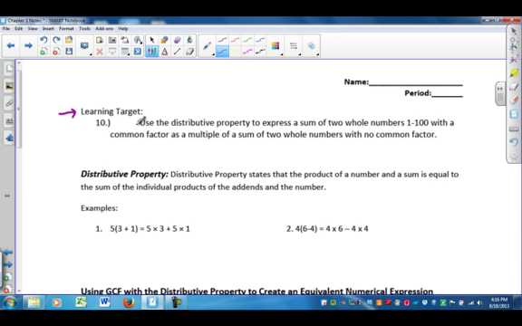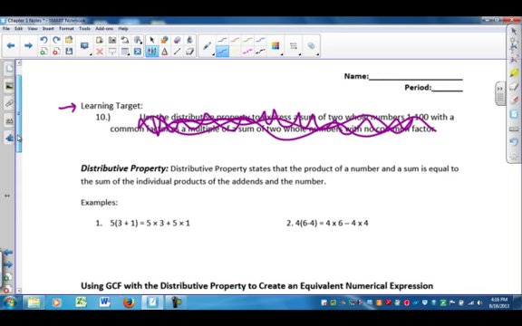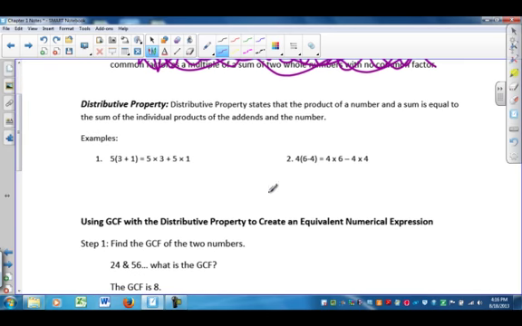So the learning target here is I can use the distributive property, which probably most of you don't know what that property is, which is okay, to express a sum of two whole numbers, 1 to 100, with a common factor as a multiple of a sum of two whole numbers, blah blah blah. I'm not even going to read it because it's hard to even understand what that's saying. You're going to learn what the distributive property is, and I don't want to confuse you too much on that.